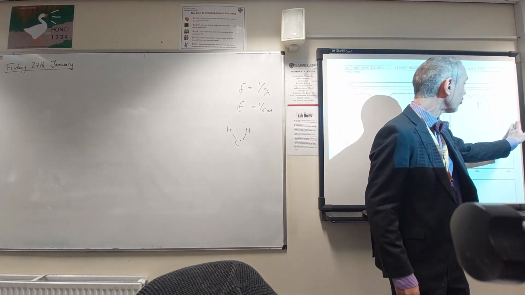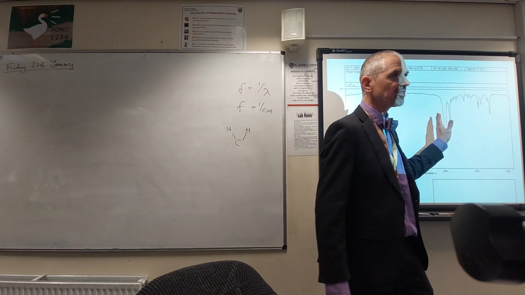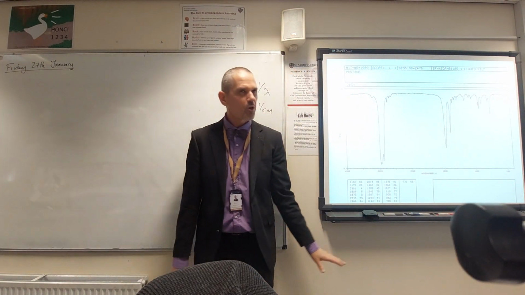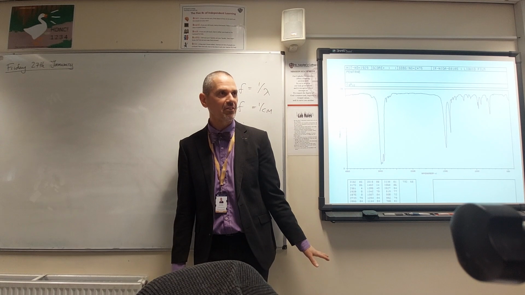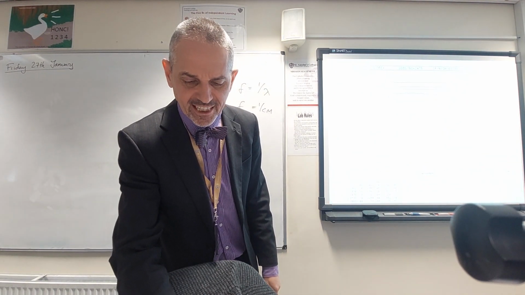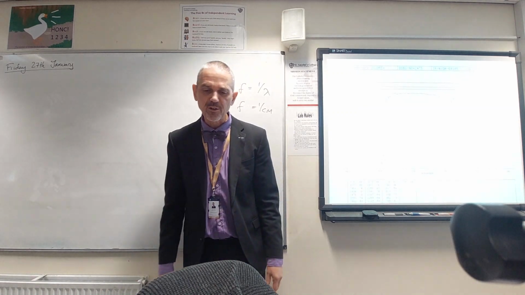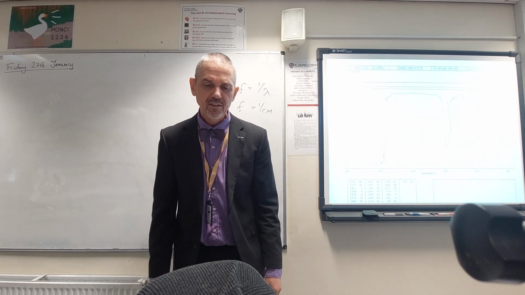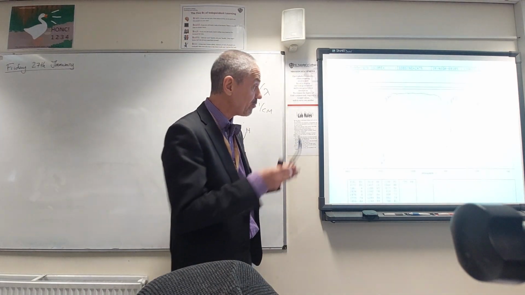Below 1500, this right-hand side of the spectrum here, you're not required to identify specific peaks in that area, even though the data you're given on the data table goes well into that region. Carbon-carbon single bond, what's that, 750 to 1100, well that's quite a big range.